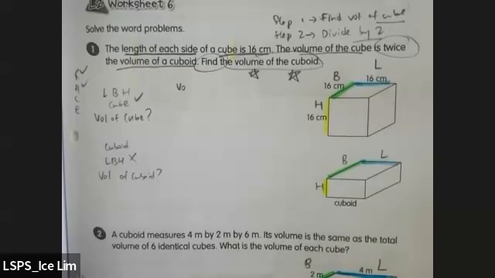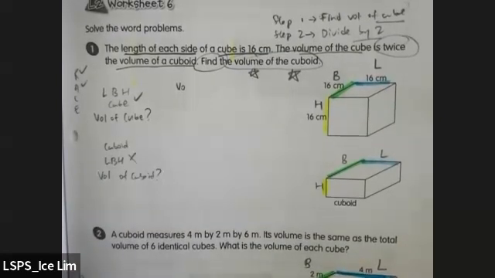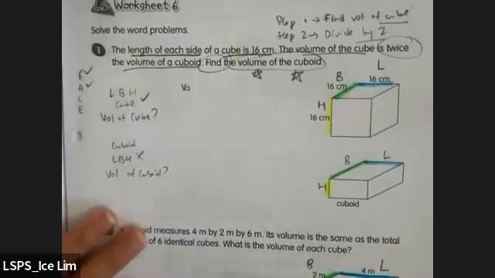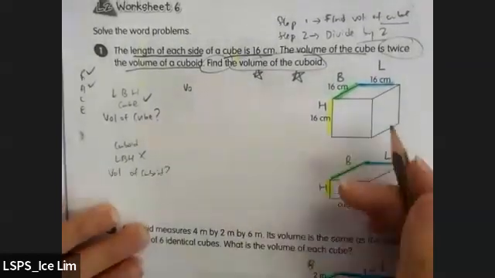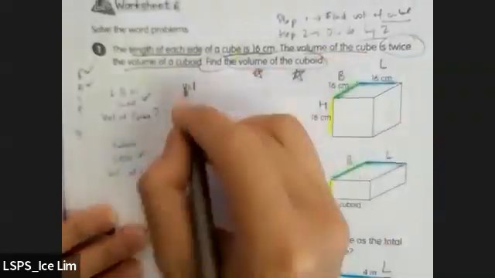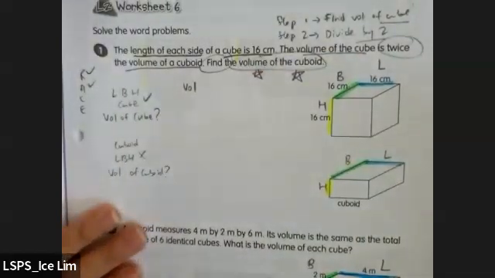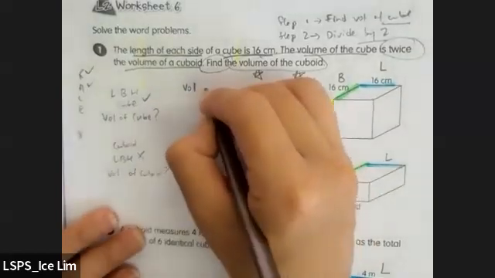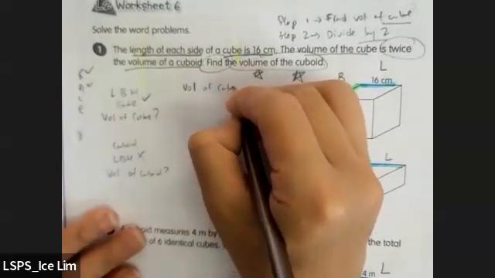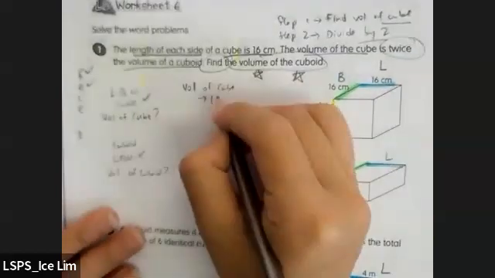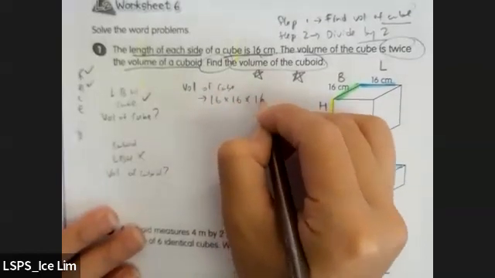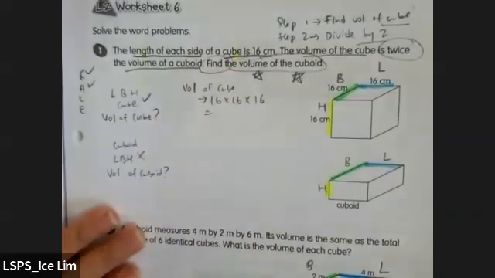So which one has the bigger volume? Is it the cuboid or the cube? The cube, very good. Okay, thank you, Pranavi. Moving on. So we are very clear here that the cube is the one with the bigger volume. According to Pranavi, I'll find the volume of the cube first, by using length times breadth times height, that's 16 times 16 times 16, 16 cubed.